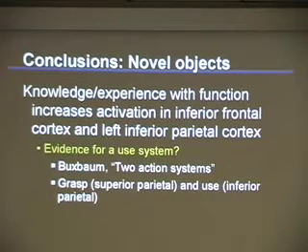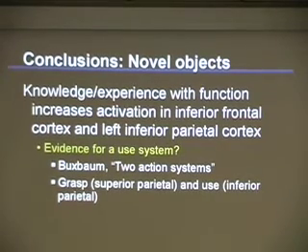So we suggest that knowledge and/or experience with function increases activation in the inferior frontal cortex and the left inferior parietal cortex. This brings up the question: is this evidence for a use system? As I introduced earlier, Laurel has proposed two action systems, a use system that may be separate from a grasp system.